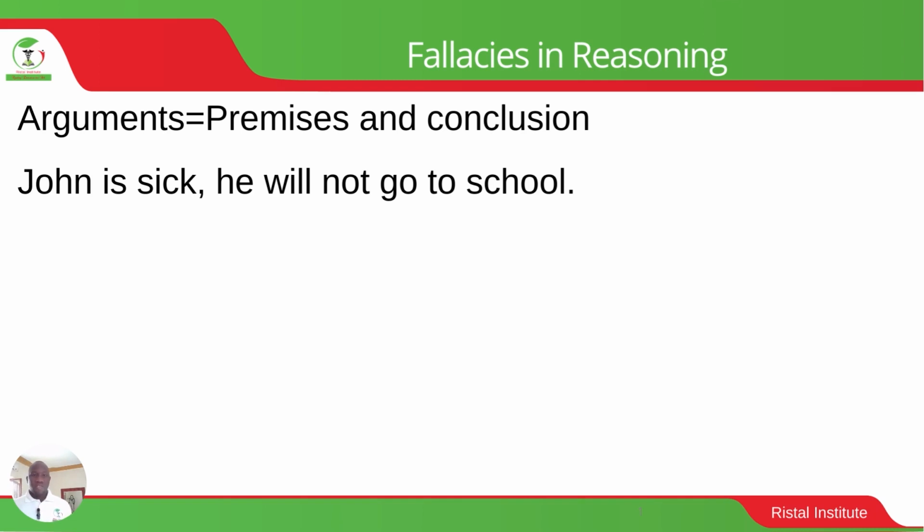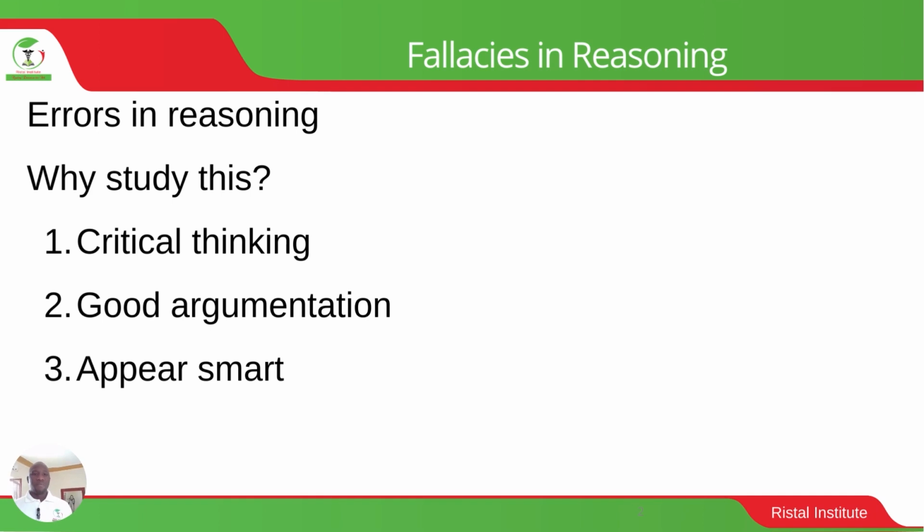Now we move forward to the next point, which is what fallacies are. Fallacies are errors in reasoning. This is when someone is giving you reasons that they want you to believe in, but those reasons are actually defective. They're not appropriate.